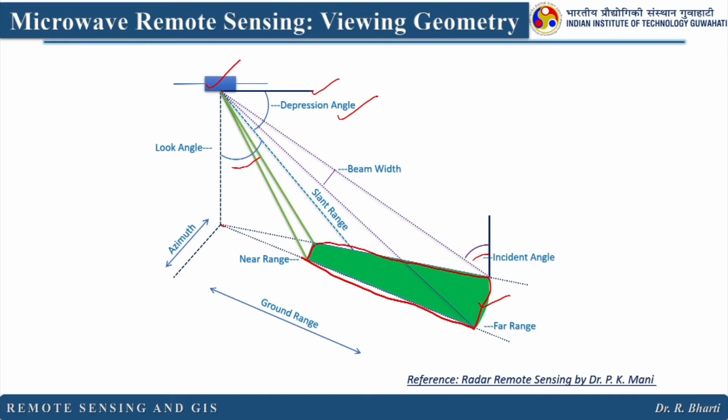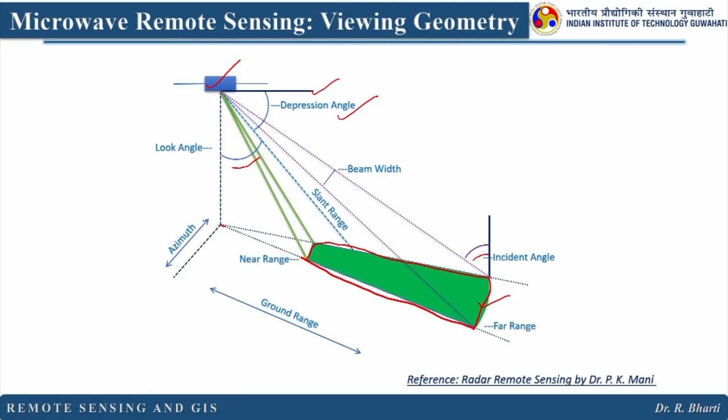Now, next one is azimuth in this direction, and next is near range. So, near range is this one. What is the difference between near range and far range? Basically, near range is the range which is close to your nadir, and far range is far from your nadir.